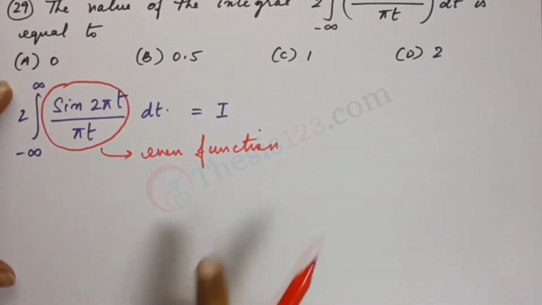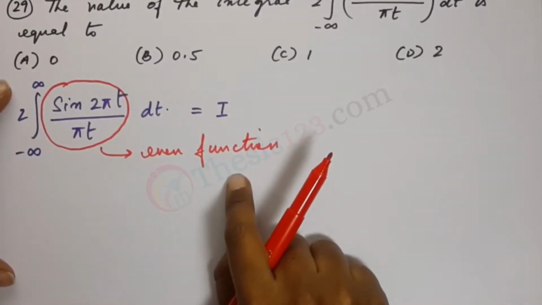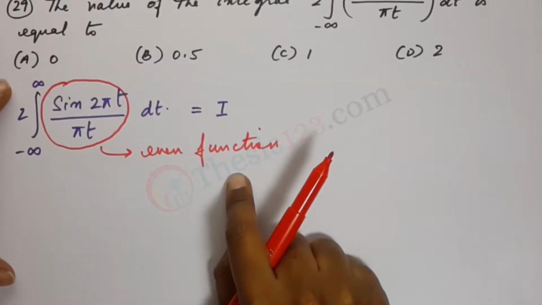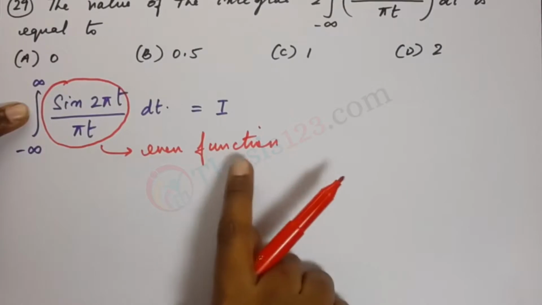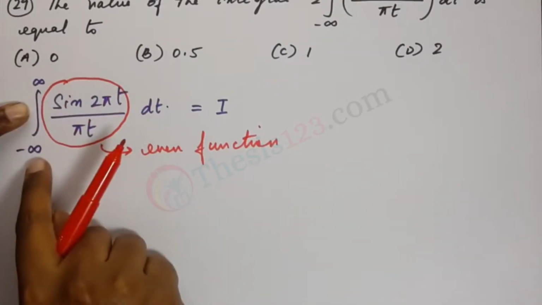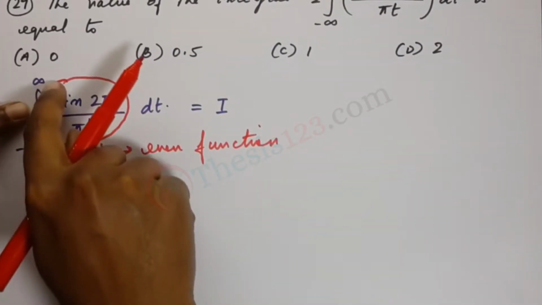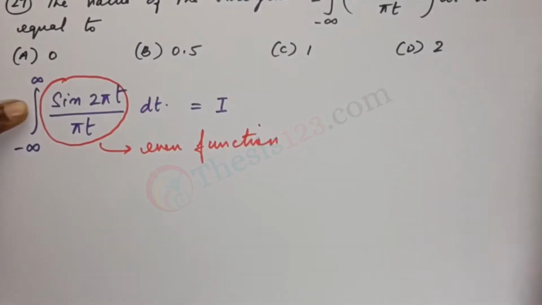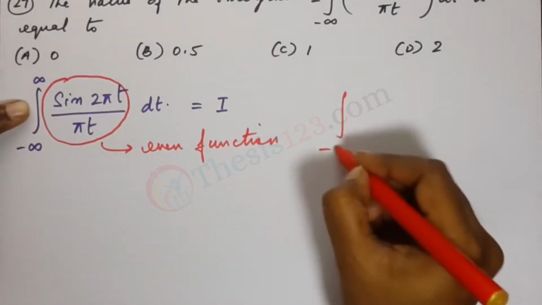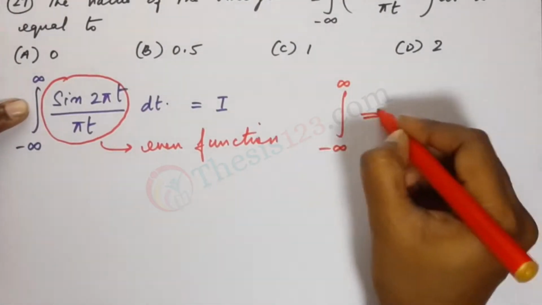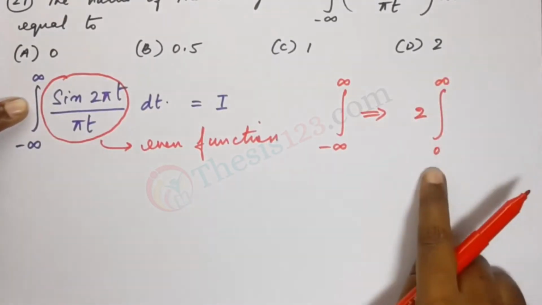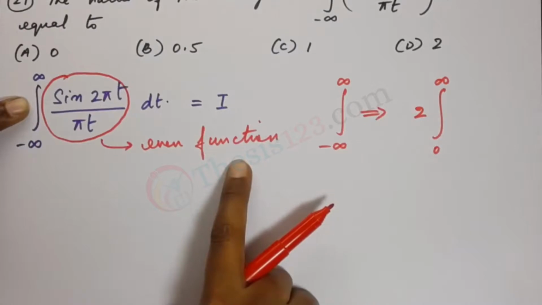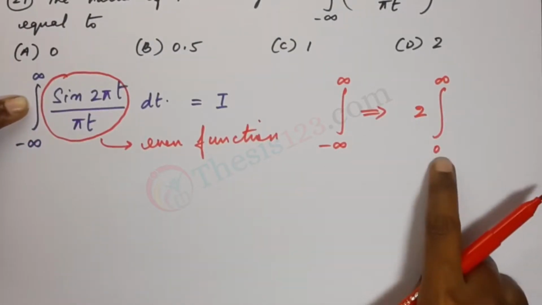Because it is an even function, we can split the integral from minus infinity to infinity and write it as 2 times 0 to infinity. This is only because it is an even function.